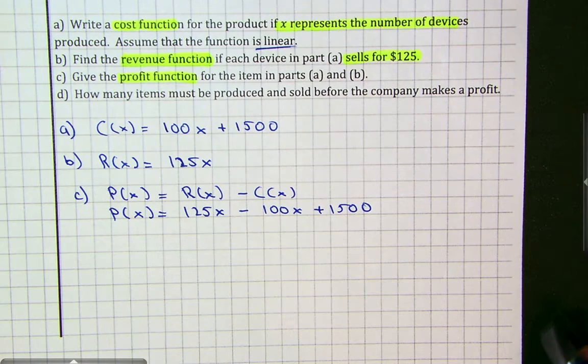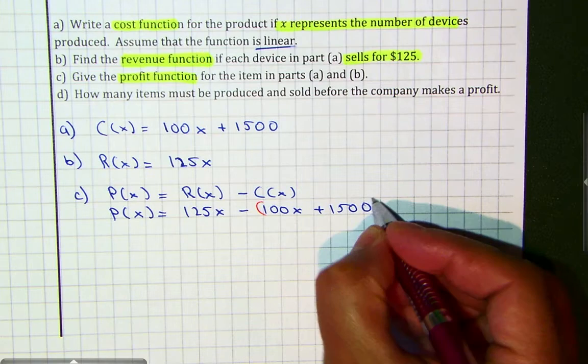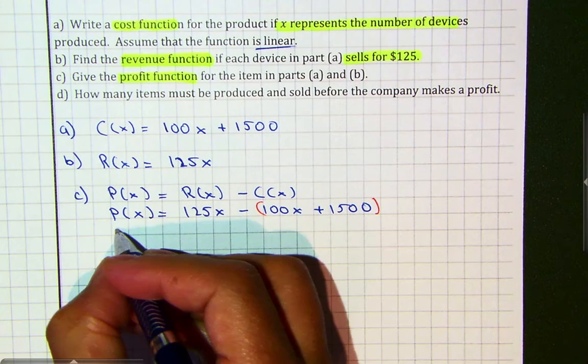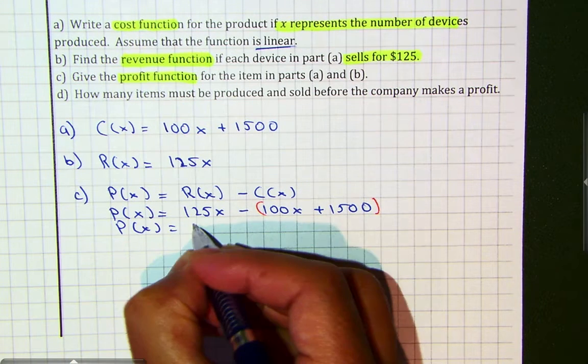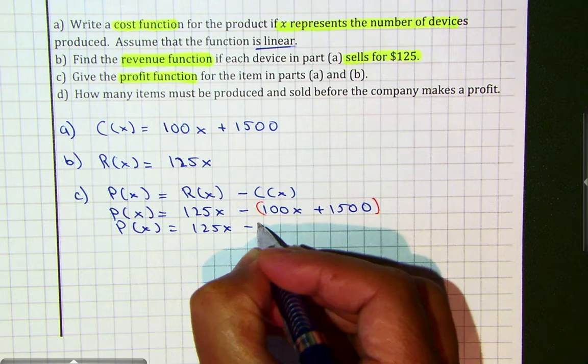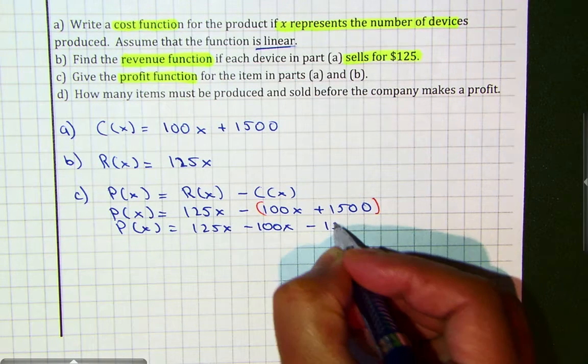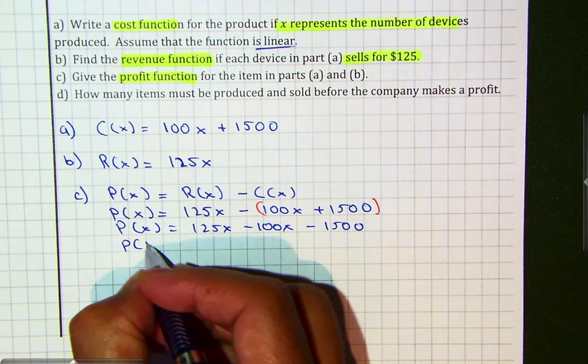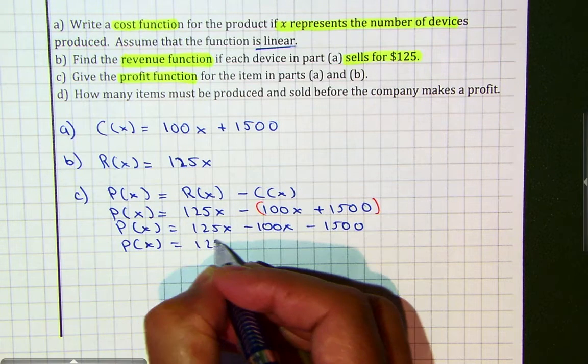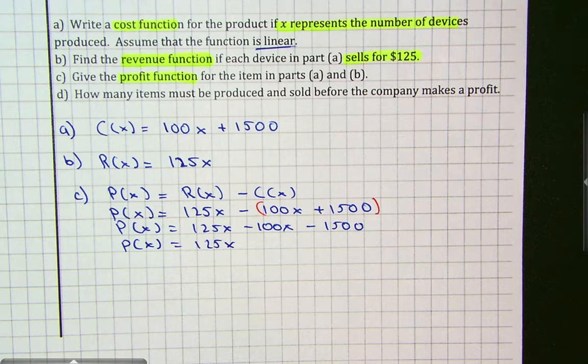And I already made a mistake. What is my mistake? Yes, in this case, I should place this in parentheses so I can distribute the negative. The profit function will be 125x minus 100x minus 1500. So let me go ahead and add them. It gives you 25x minus 1500.